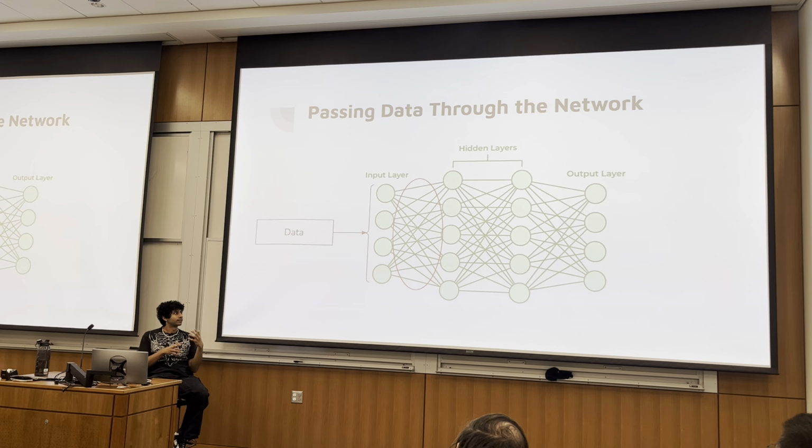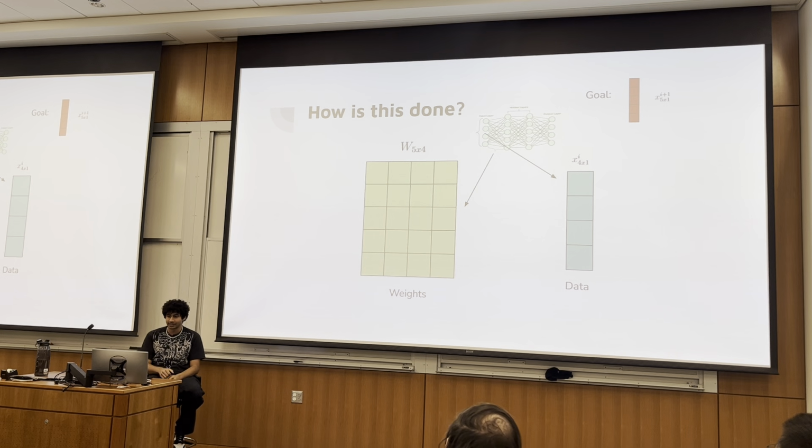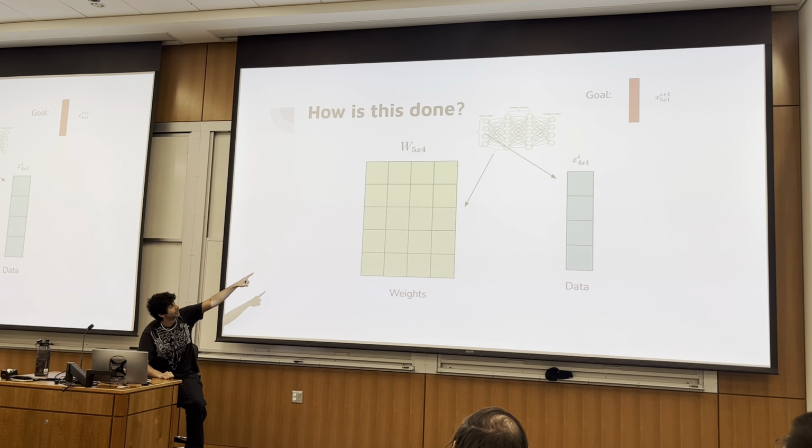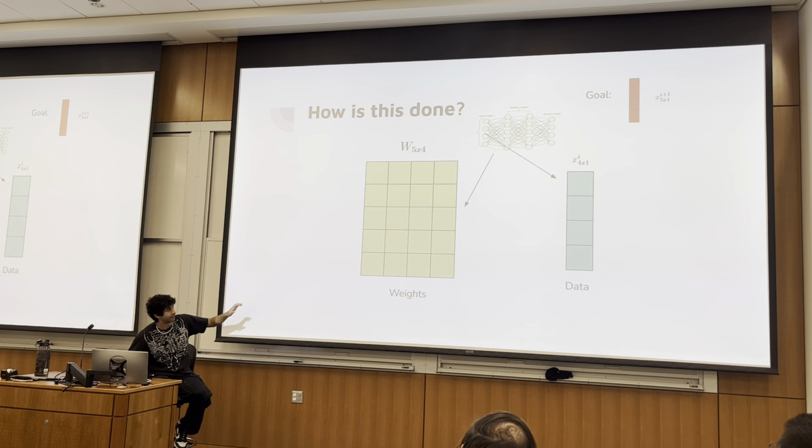Now, how exactly is that done? How do we go from 4 numbers to 5 numbers with a bunch of lines in between? Well, it looks like this. I don't know if you can really see the diagram up top, but I'm showing you that you can represent that first layer as this vector of 4 going down there. It's a 4 by 1. You can consider it a 4 by 1 quote unquote matrix, really just a column vector.